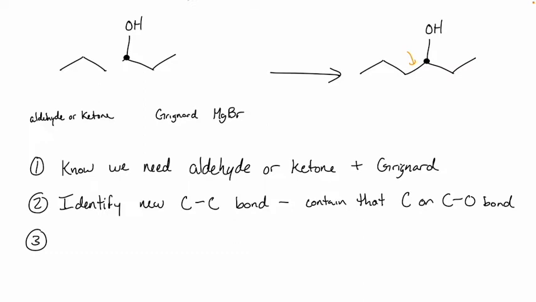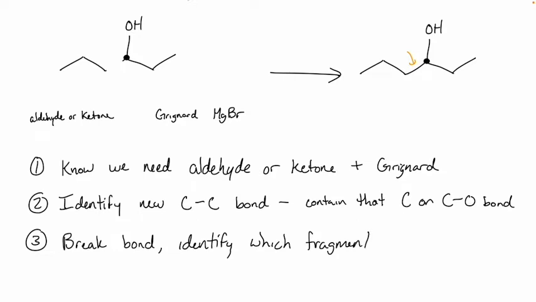And I got to identify which fragment is which. So break bond, identify which fragment is which. Meaning, which of these carbons belong to my Grignard and which of these carbons belong to my aldehyde or ketone.